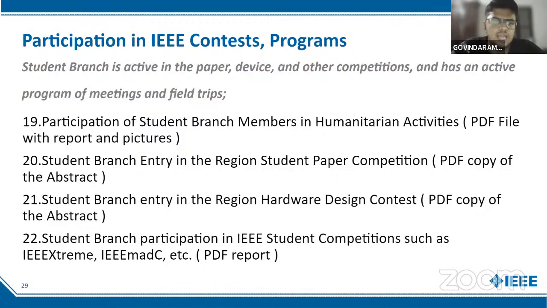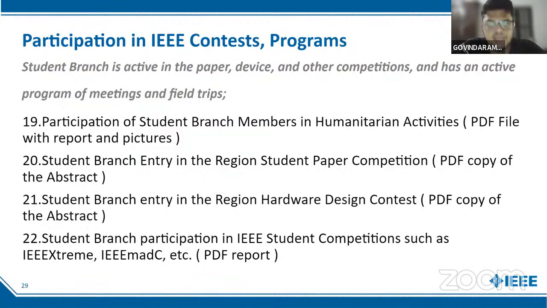In order to be eligible for this Regional Exemplary Award, we in student branches must be active in various paper competitions, device competitions like IEEEXtreme and all, and also should have active programs like meetings and field trips, etc. So these are some opportunities for student branches, like humanitarian activities and various other humanitarian programs like IEEE Smart Village, IEEE EPICS. There are a lot of things there.